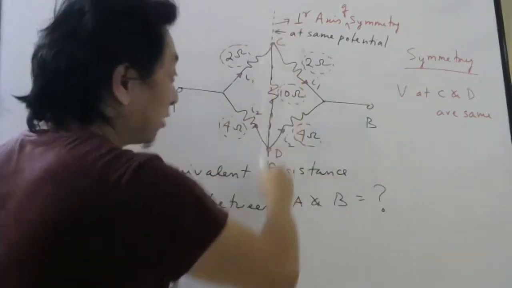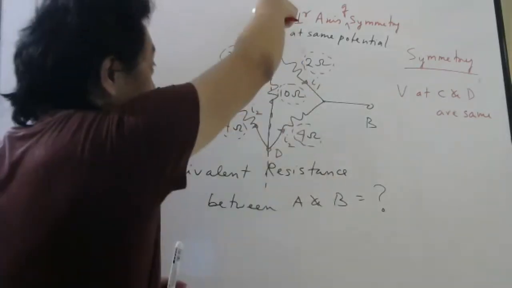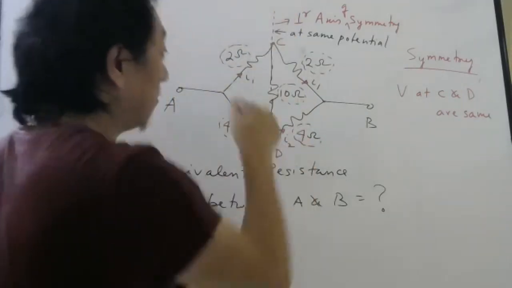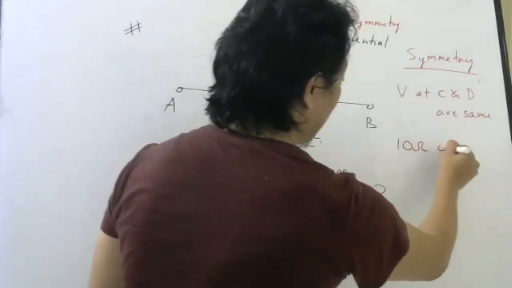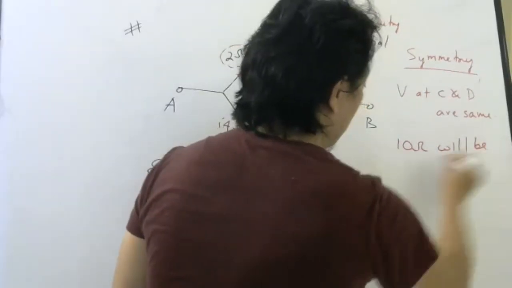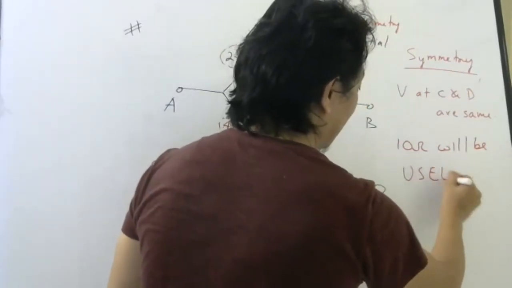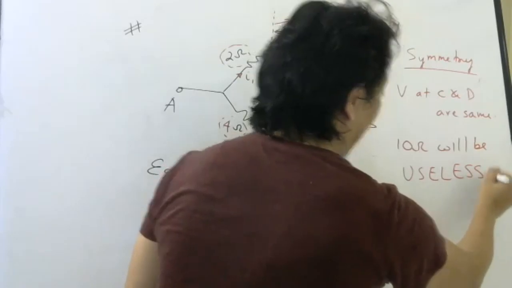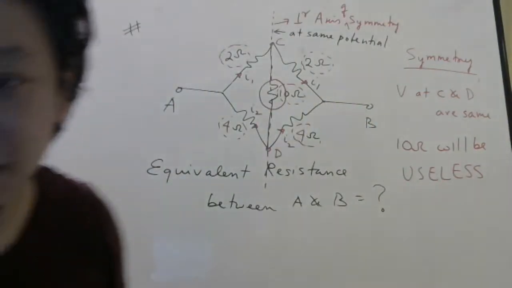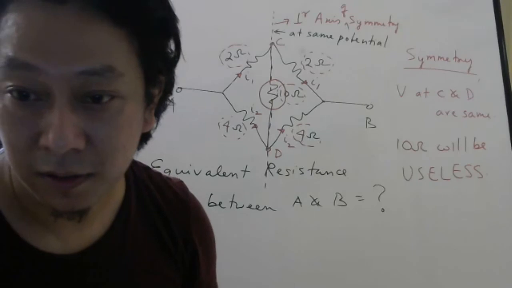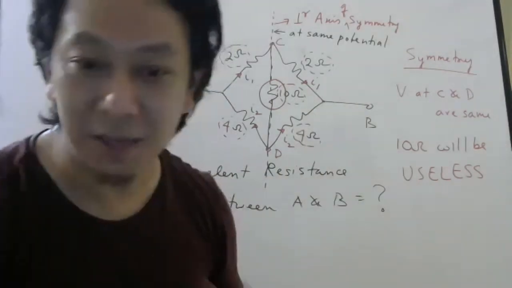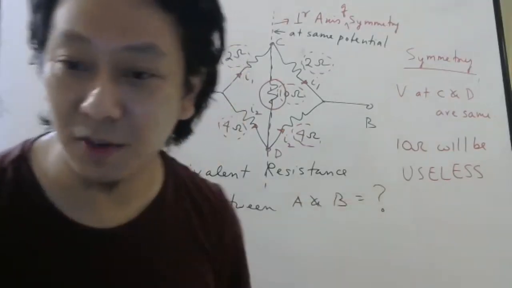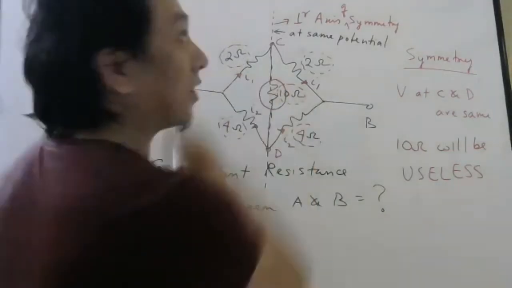Since all the points will be at the same potential, current cannot flow. Current cannot flow means this 10 ohm will be useless, and hence 10 ohm can be ignored. Ignored matlab useless only. So 10 ohm can be ignored.